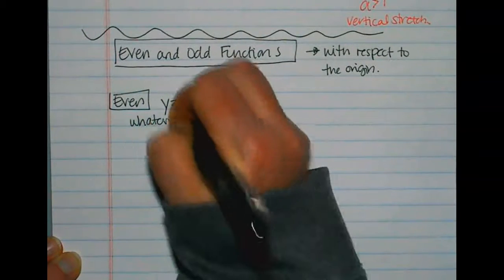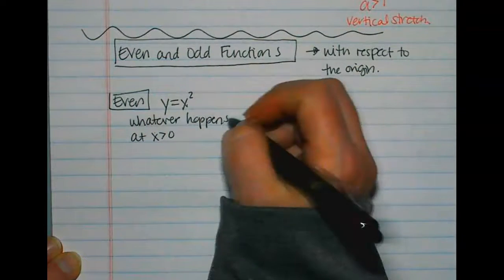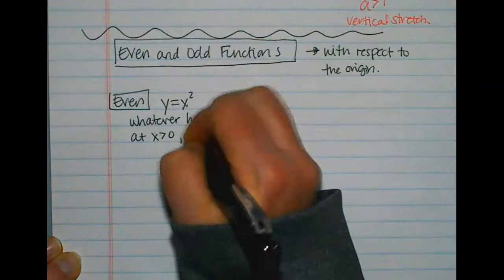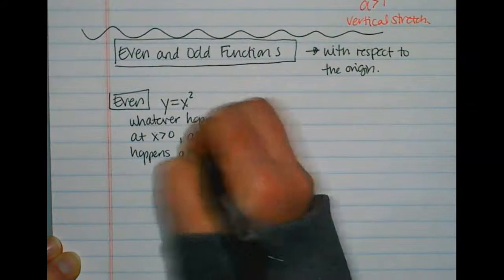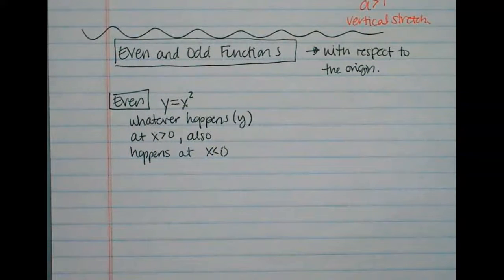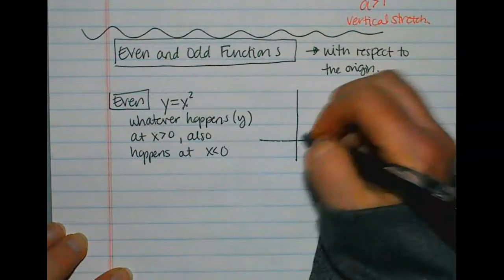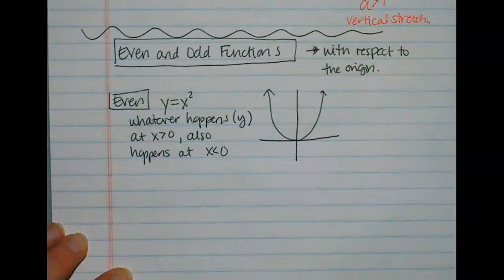Whatever happens at x greater than 0, like our y value, at x equals 0 also happens at x less than 0. So it's a mirror image at the y-axis. The y-axis looks like a mirror on either side. So you know what y equals x squared looks like. It's a parabola. When I draw them well, they look the same on either side.